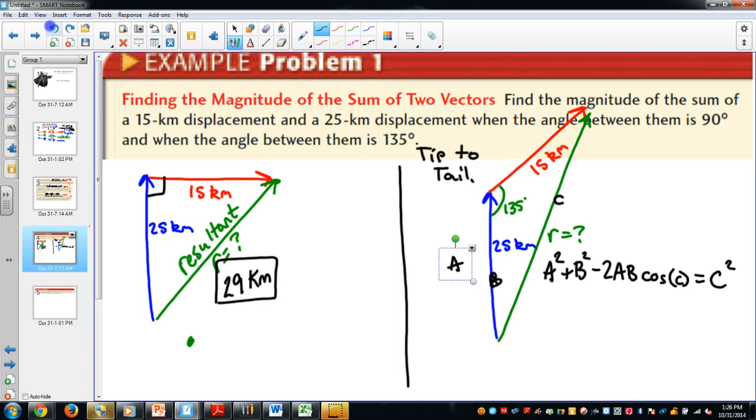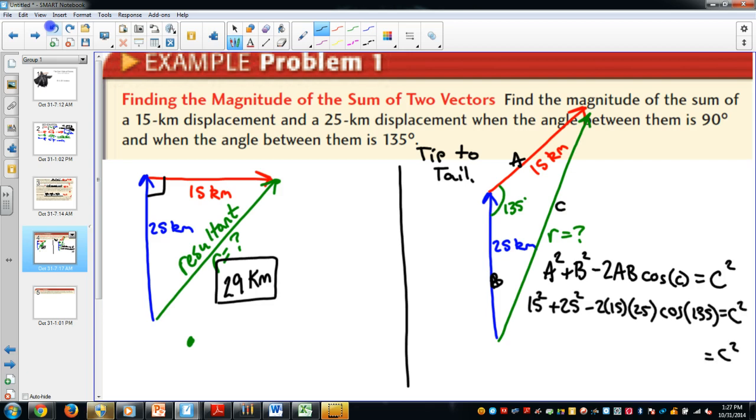But what's not interchangeable is C. You see how this is the angle that I know? C has to always be across from the angle that I know. So I would say 15 squared plus 25 squared minus 2 times 15 times 25 times the cosine of 135 equals c squared.